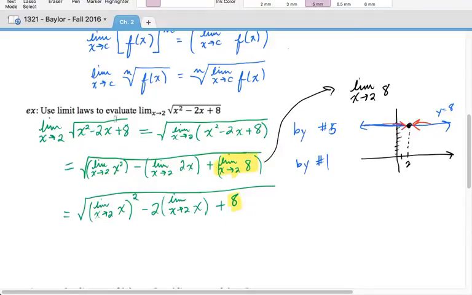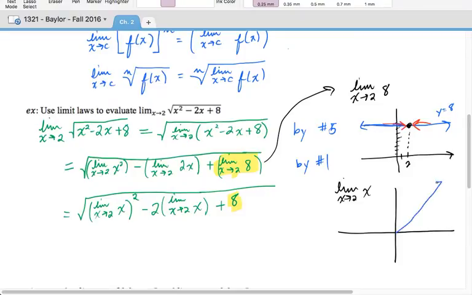All right, then to take the next step down here, we need to find the limit as x approaches 2 of x. Let's draw another xy axis. The line y equals x, that's the function, looks like that.